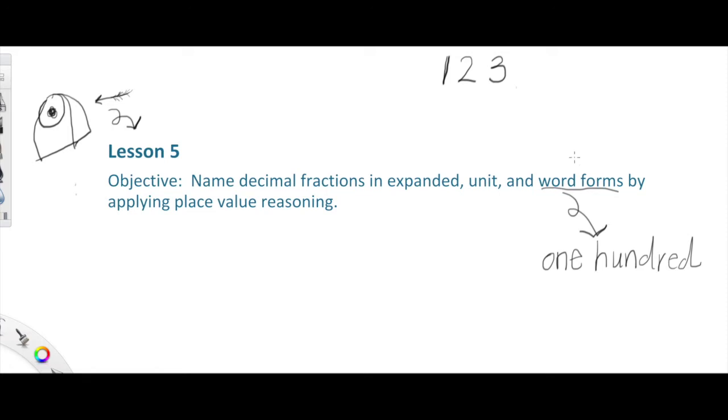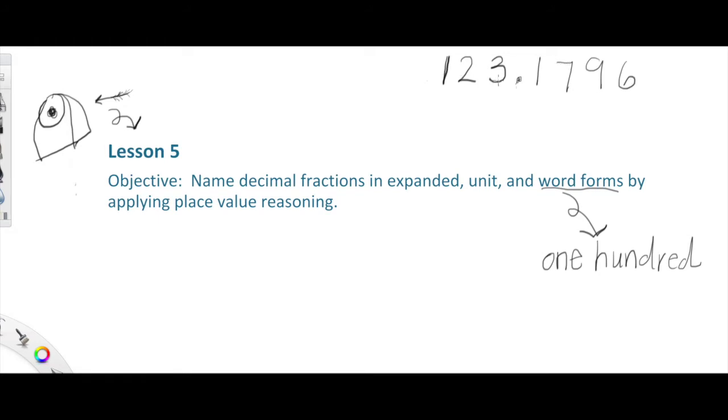I'm going to keep with this very basic example, but if we had a decimal here and we had many decimals filled to the right, for instance, 1796, it's very important that we understand how to say this number in word form.